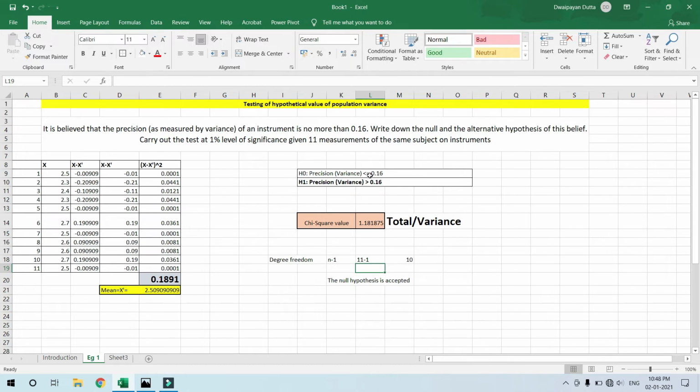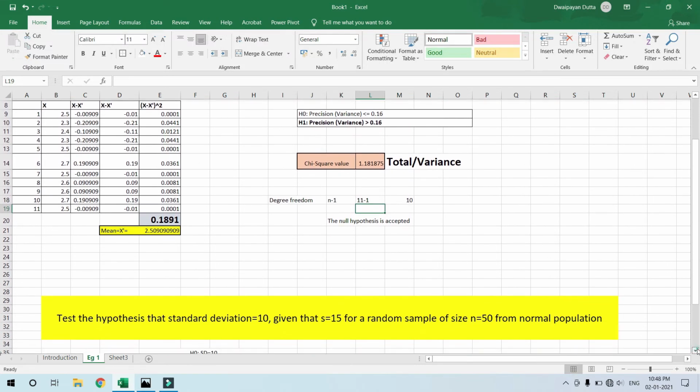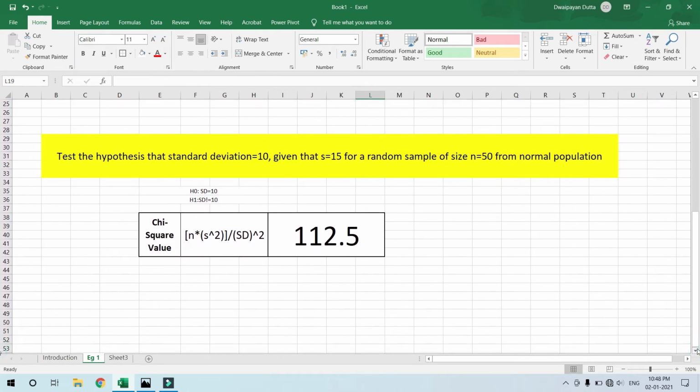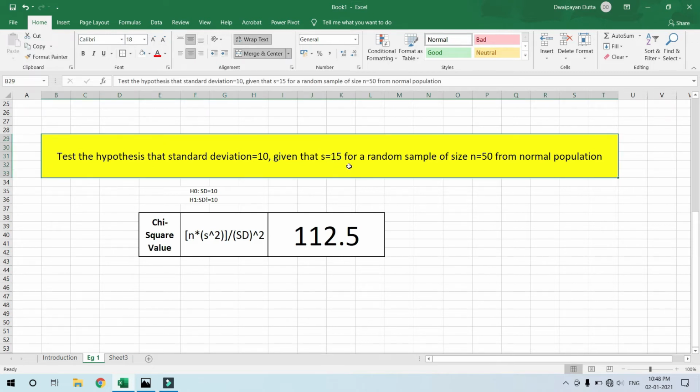Now let me get to another example. It is written here, it is given that the test hypothesis is that the standard deviation is 10, given that s is equal to 15 for a random sample of size n equal to 50.